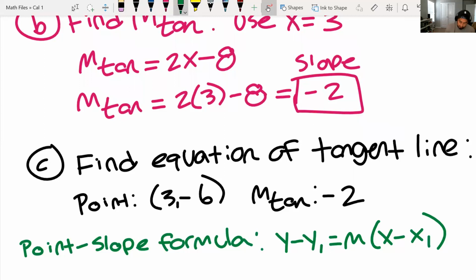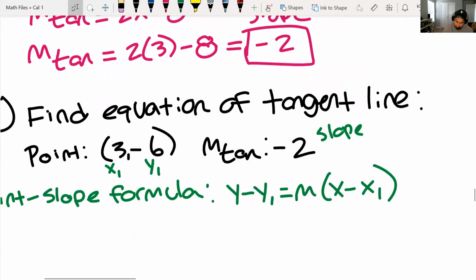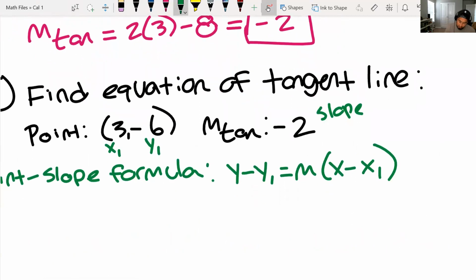Let's plug them in. 3 is my x1 value, negative 6 is my y1 value, negative 2 is my slope. We will get y minus y1, which is negative 6, equal to my slope of negative 2, times x minus x1, which is 3.